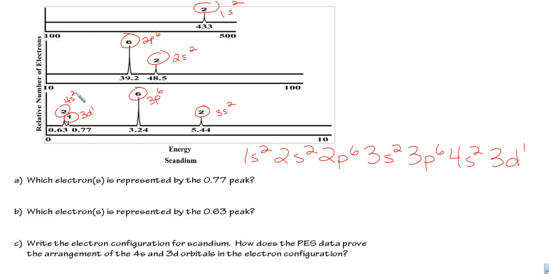Cool. When we form ions, we always remove electrons that are furthest from the nucleus to electrons that are closest to the nucleus. So here's something that kids get wrong a lot. Scandium. Let's say I want to remove 2 electrons. Let's say I want to form a scandium plus 2 ion.